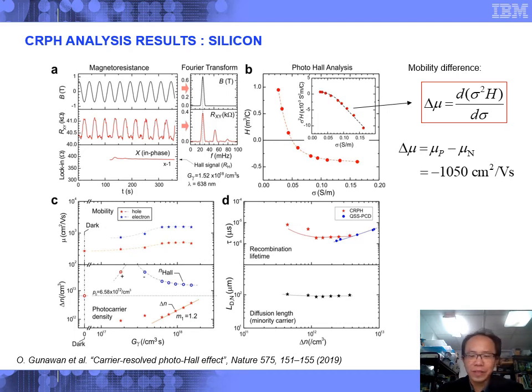So obviously the technique also applies, and you could obtain the same sets of results. In fact, the electron and hole mobility that we obtained here is similar to the textbook value, and I invite you to read more details in our publication in Nature below.